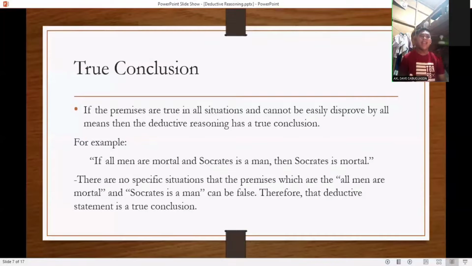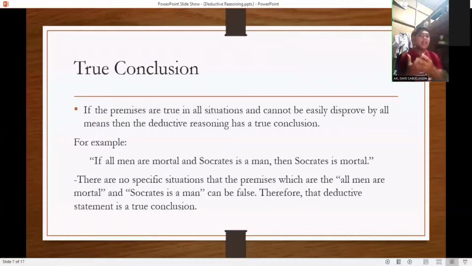So we cannot say that all men are immortal. Therefore, that kind of premise or assumption is true in all situations, and it is followed by Socrates is a man. So the relationship between the two premises is very strong because it starts with a general idea, which is that all men are mortal, which is true in all situations.